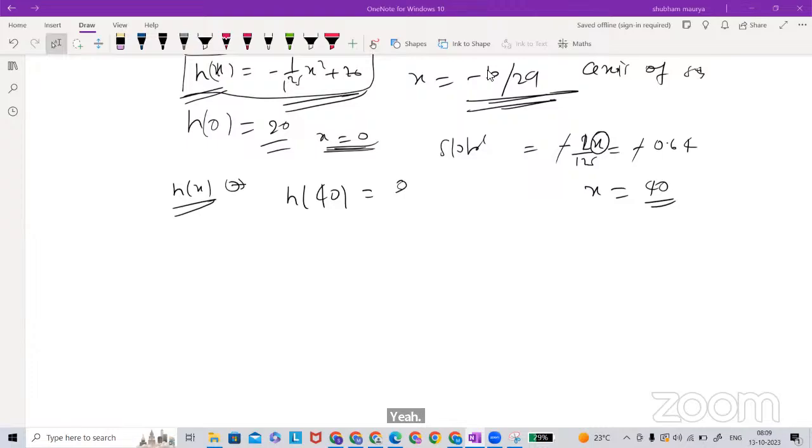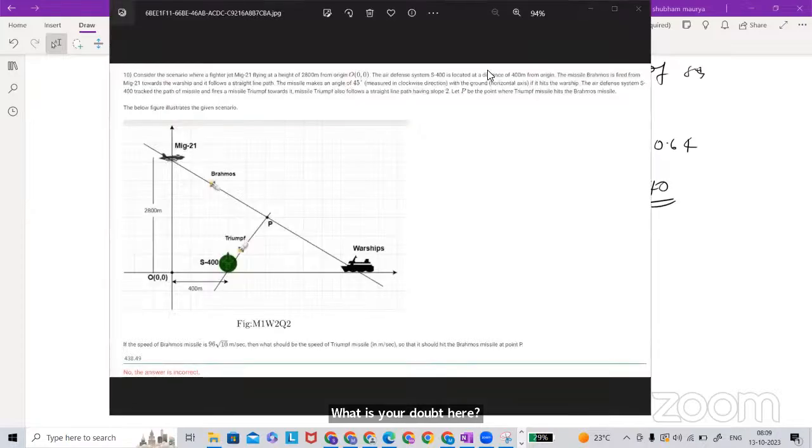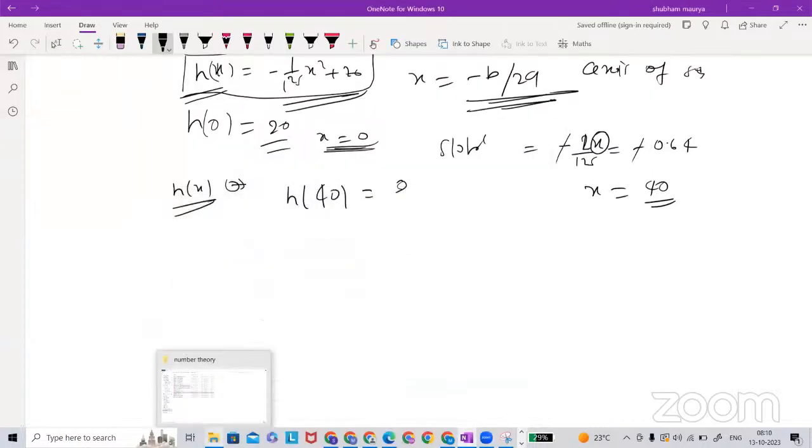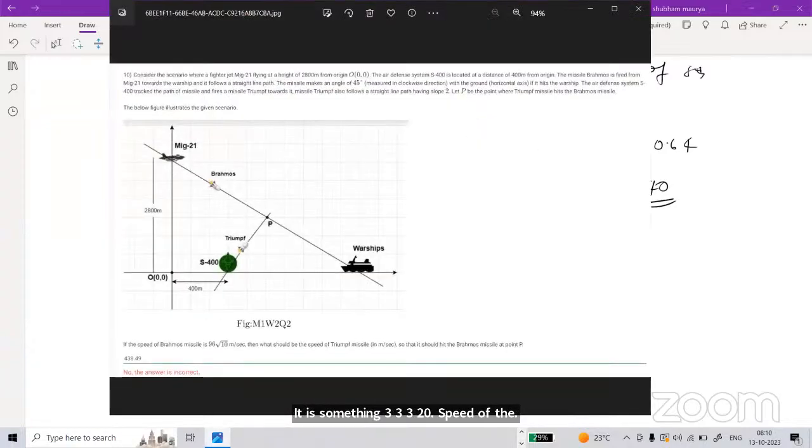What is your doubt here? I have calculated, but my answer is 438.49, and it is wrong. It is something like 320, the speed of the train. It is not opening.